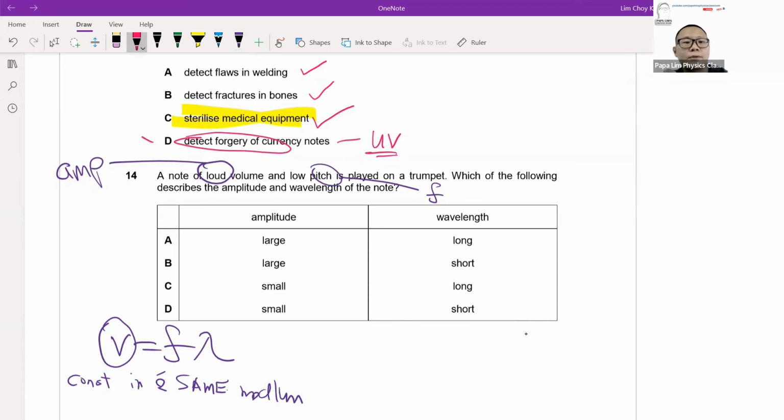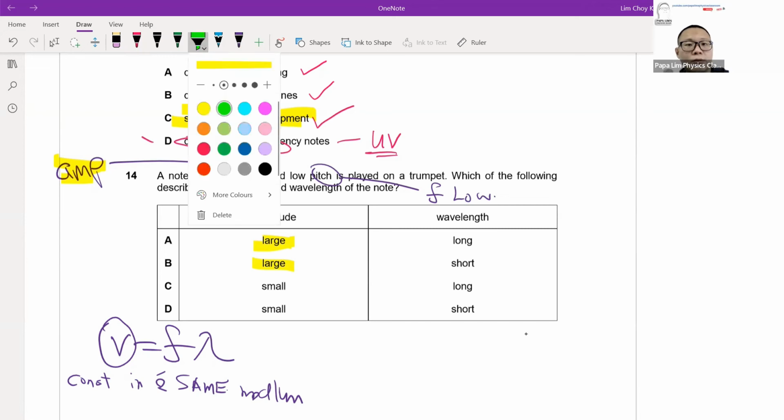If I have a loud note, a loud note will definitely be a high, large amplitude. If it's low pitch, the frequency will be low.